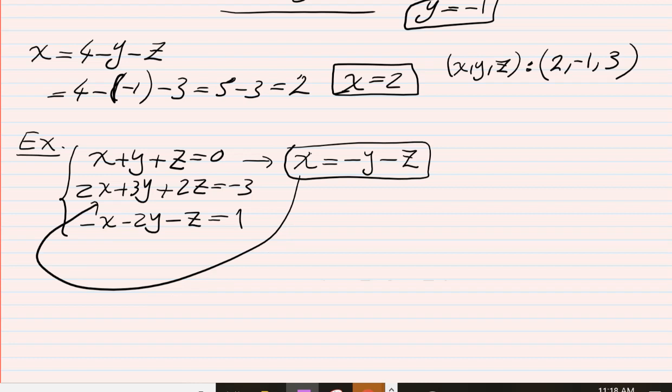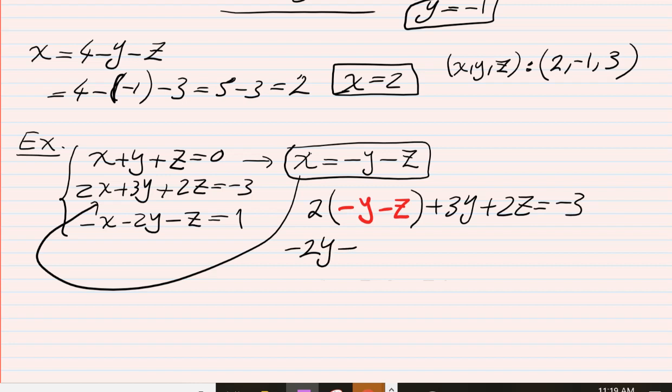That one is going to give me 2 times x, but then remember x is negative y minus z, right? That's what x is. So I plugged it in. Plus 3y plus 2z equals negative 3.